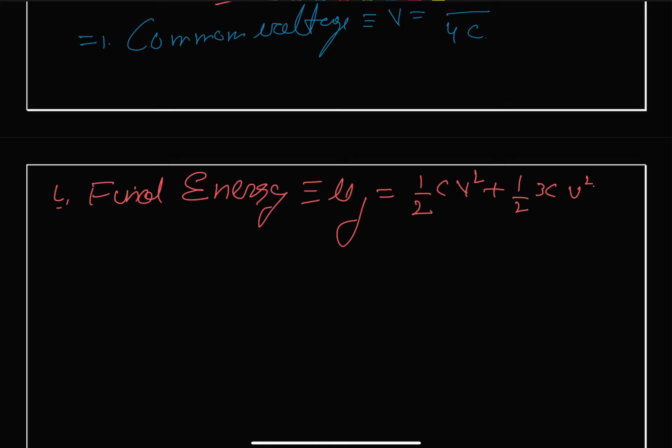It means energy because of C1 and energy because of our C2. So we get U final, and we can write it in the form of charge.